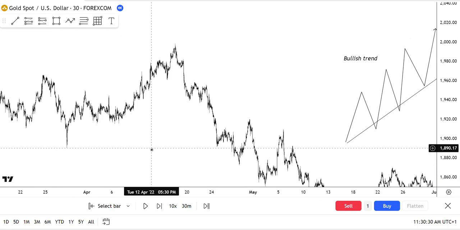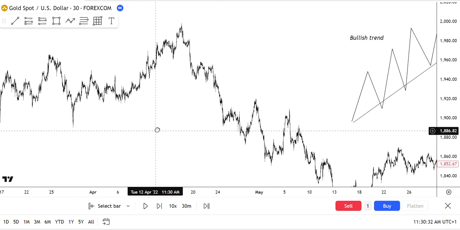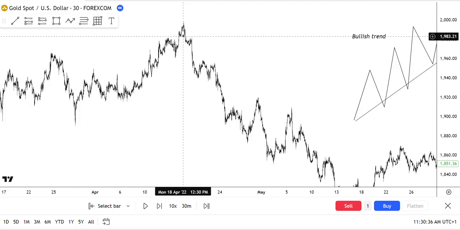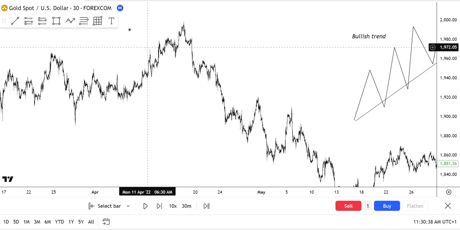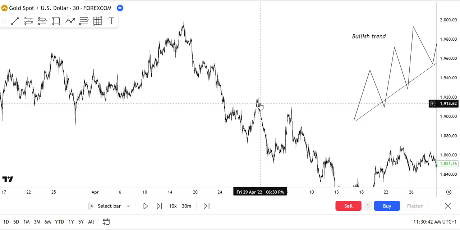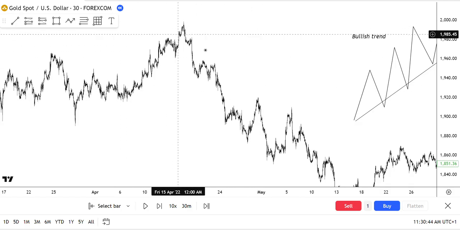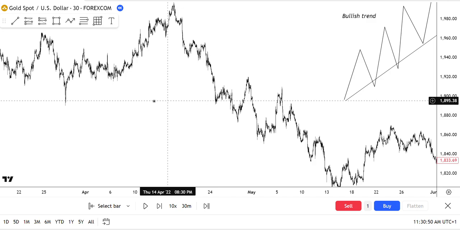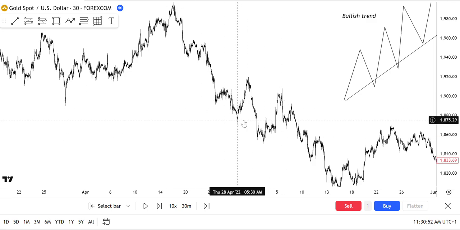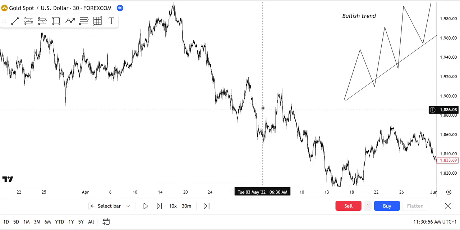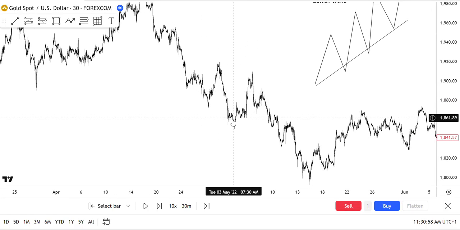You might ask, what trend are we looking at? When you see a high that is lower than the previous high, you see that we are beginning to have something looking like a bearish trend. And when you see a low that is lower than the previous low, then we have a bearish trend and it is confirmed.